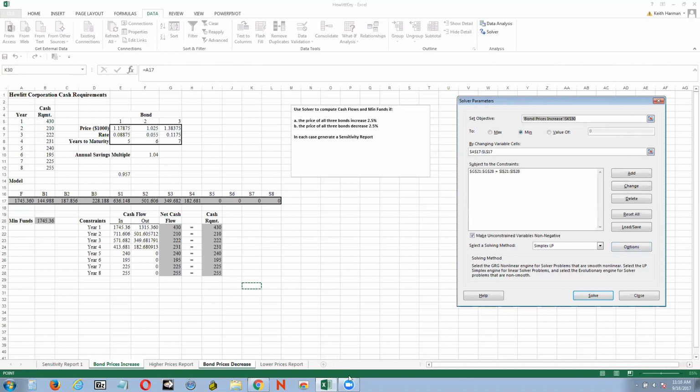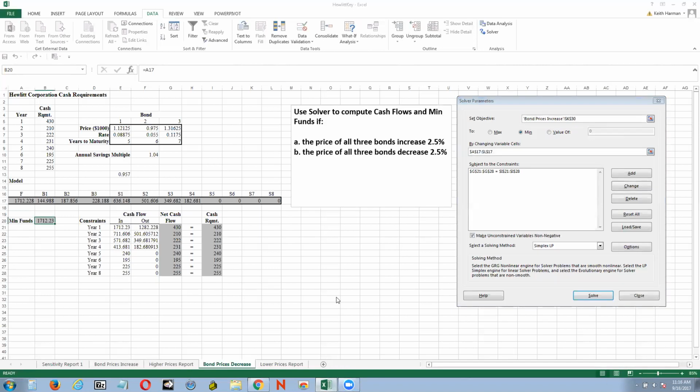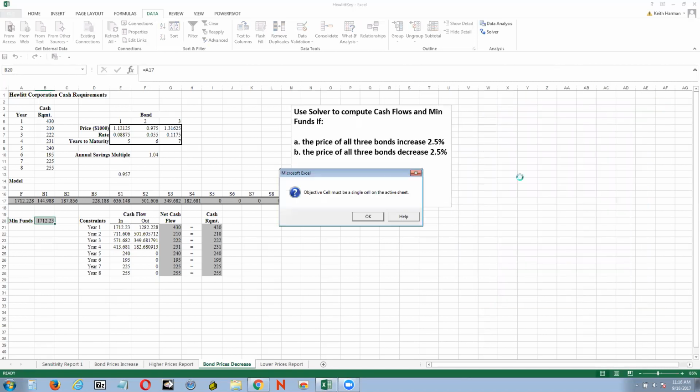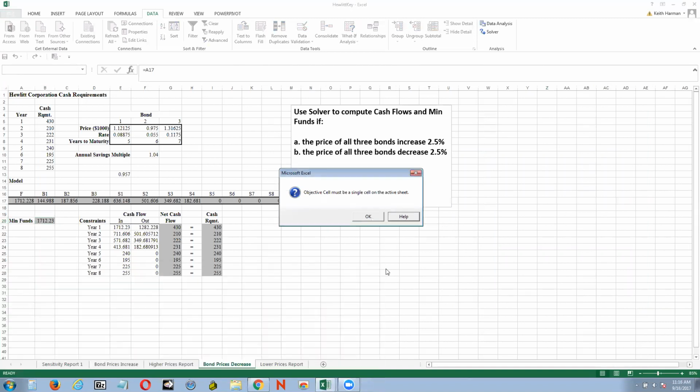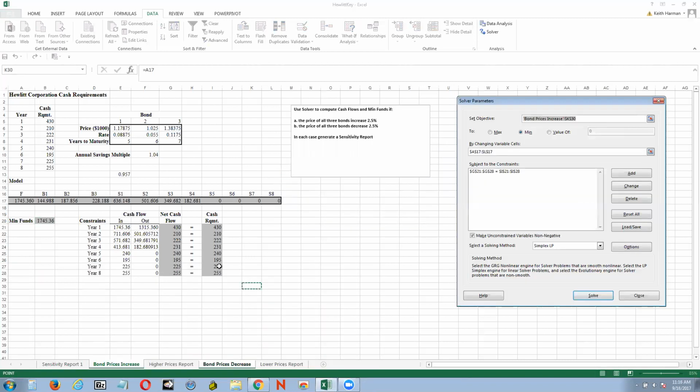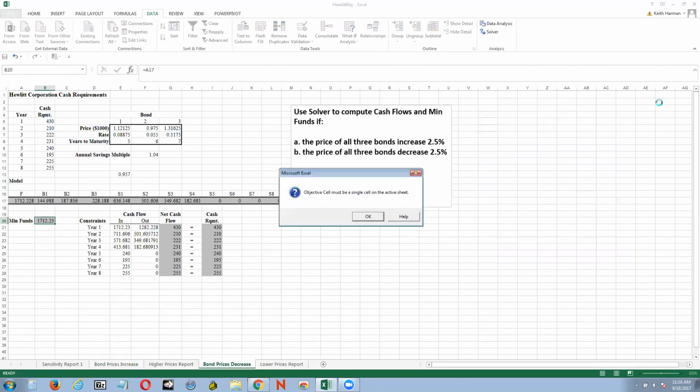And let's see, we'll close that down. That's giving me some kind of craziness here. It won't let me stop and get out of it. Oh, okay. The objective cell must be a single cell on a single sheet. All right. Let's see if that'll tell me what they want me to do with this. And there it is. Maybe now we're good to go.